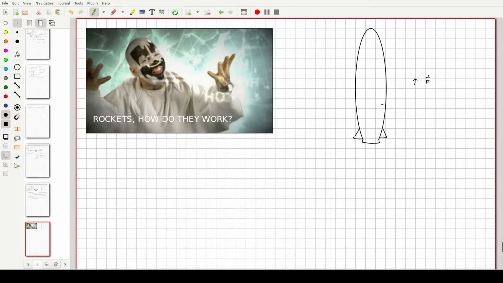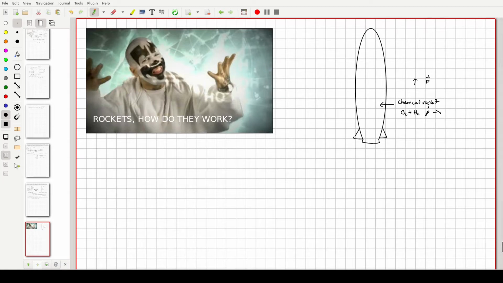Now, the fuel that you see used in a rocket, at least the conventional ones, is some sort of chemical thing. It's a chemical rocket. It could be a solid rocket booster. The fuel is solid in that case, almost like a bottle rocket. Or it could be liquid. Typically, it's liquid oxygen and liquid hydrogen. And so what you do is you stick these together, and then you toss in a match.